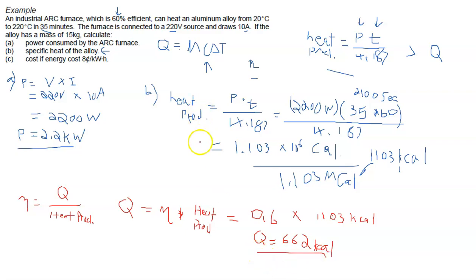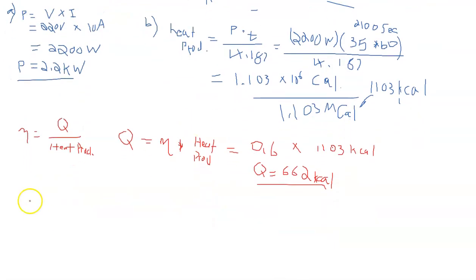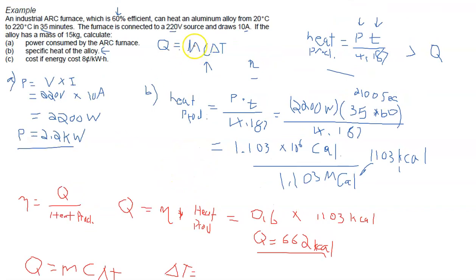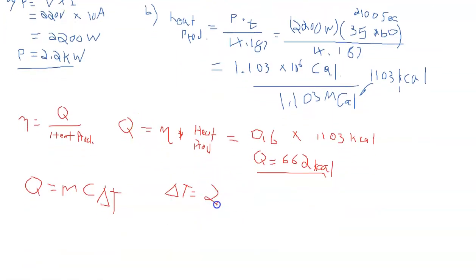Okay, so now the mass is relatively easy to find, right? Because we have Q equals MC times delta T. And delta T is 200 to 220. So we have 220 degrees.